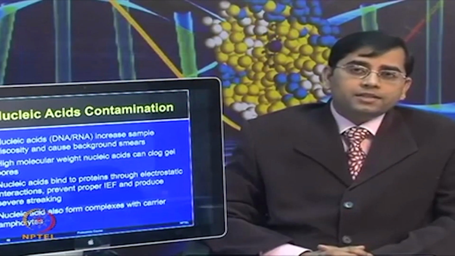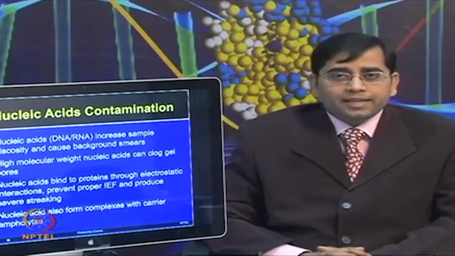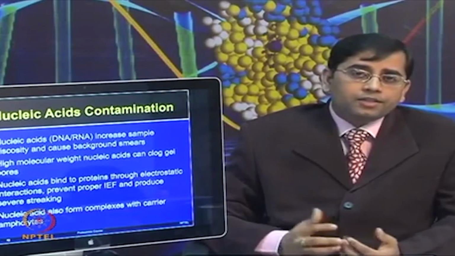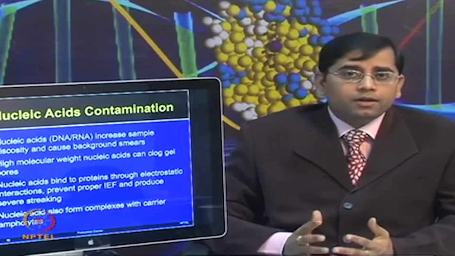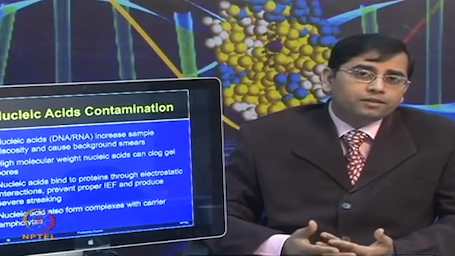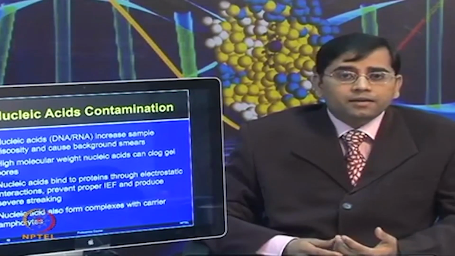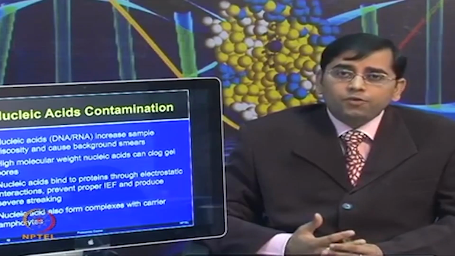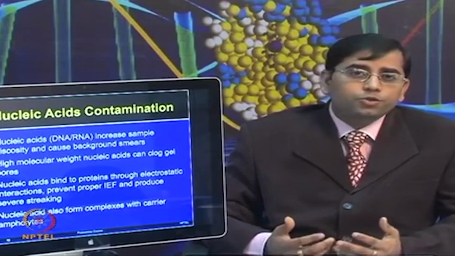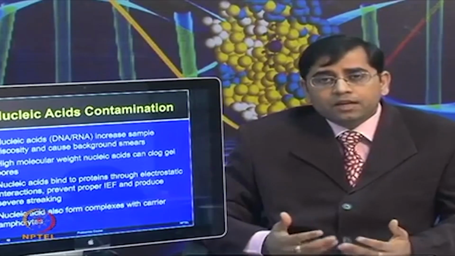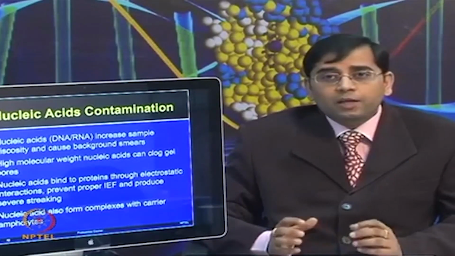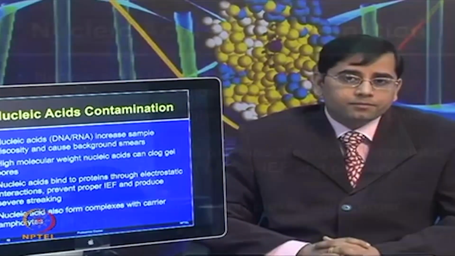Then there are nucleic acid contaminations. Nucleic acids, whether present as a trace amount or in a larger amount in the protein extract, can increase the sample viscosity, and later on if you are separating the proteins on two-dimensional electrophoresis gels, it is going to show background smear or different types of streaking.